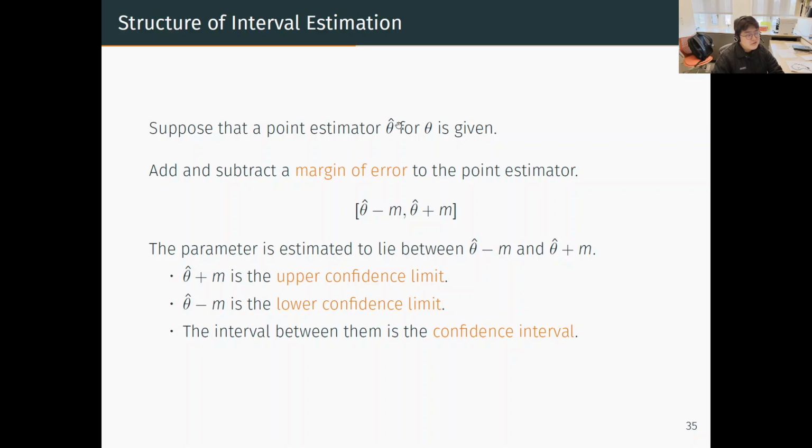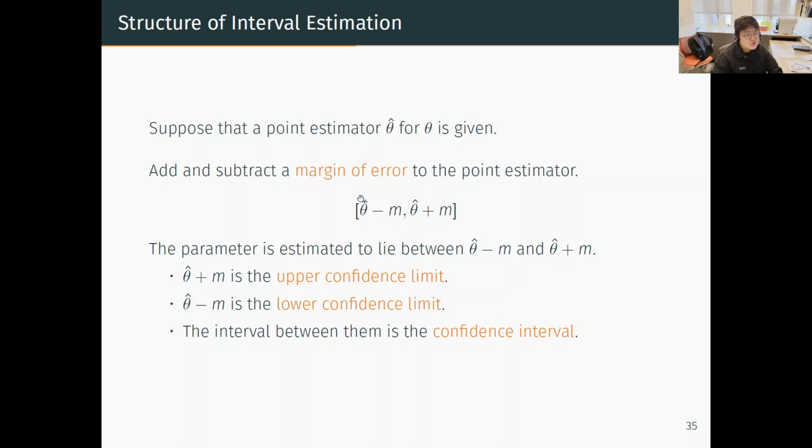Suppose, given the theta hat, we add a margin of error, plus or minus the point estimator. You choose a point estimator, and the actual true parameter can be smaller or larger than that, so you allow a certain margin around theta hat.